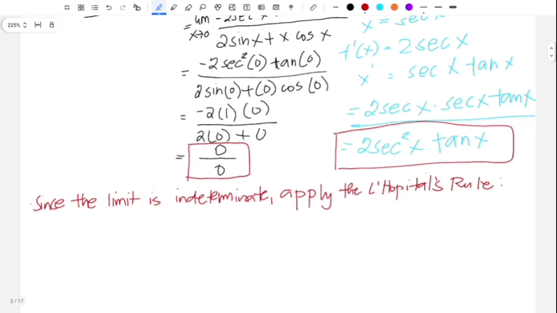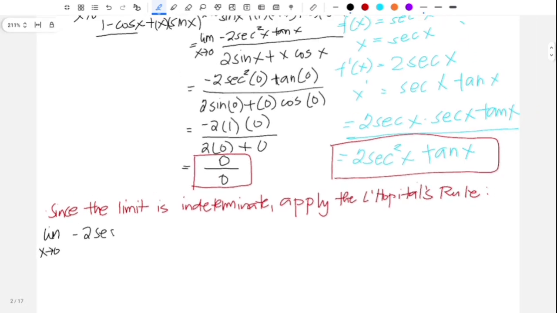which is our third time deriving, we will have the limit as x approaches 0 of negative 2 secant x squared, I'm sorry for that, secant x squared tangent x over 2 sine x plus x cosine x.